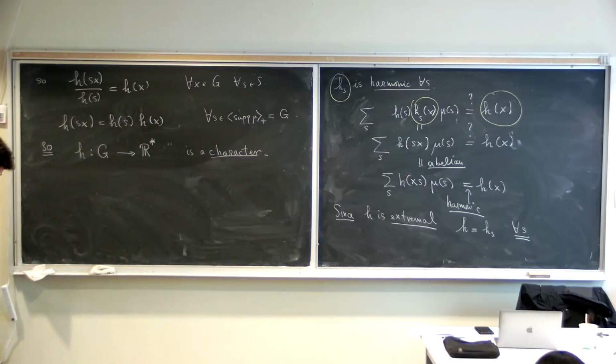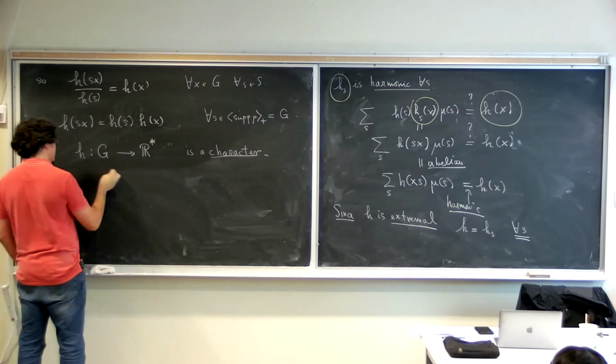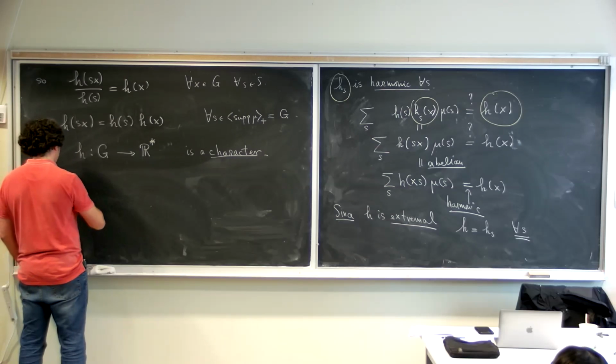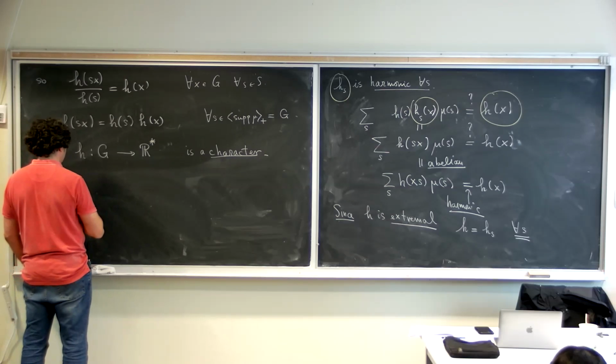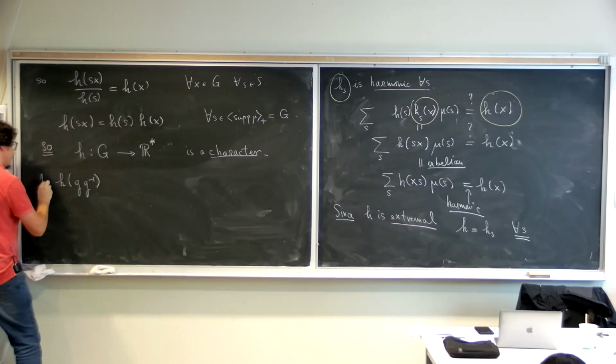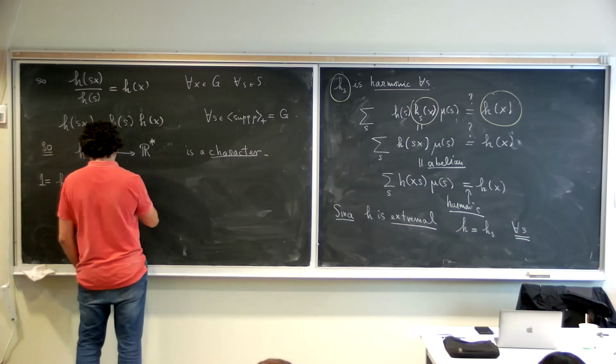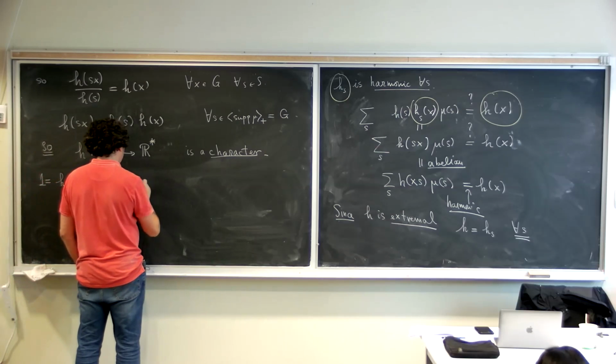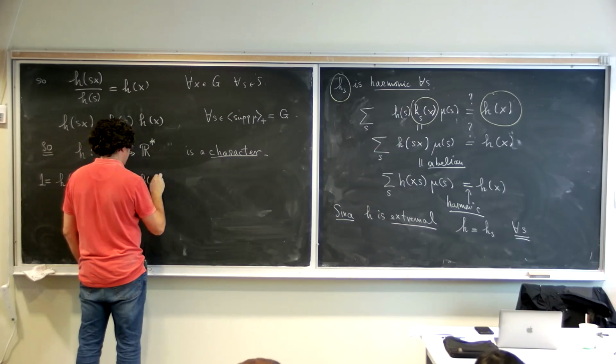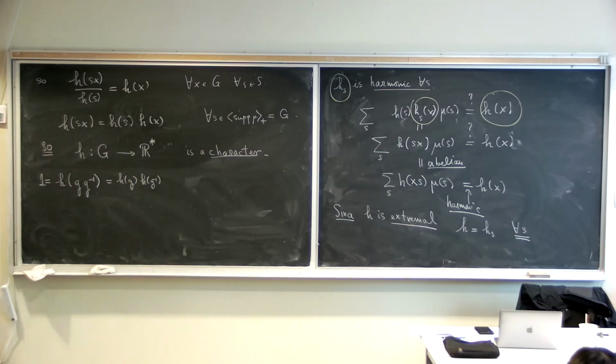So, what about the character? If you take H of g inverse, this has to be 1, since it is a character. And this, of course, is also H of g times H of g inverse. So H of g and H of g inverse are inverse to each other.